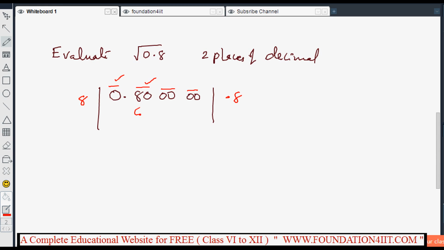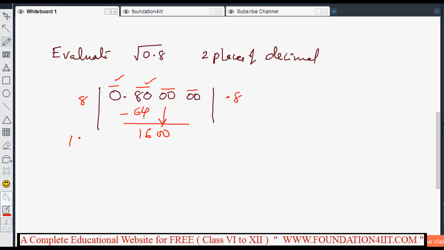The same will come, 64, because 9 nines is more than that. In case before the point it is 0 itself, you also start with the point and can take the next period directly, 80. Fine, 8 times 8 is 64. If you subtract this, 16, and next two zeros.